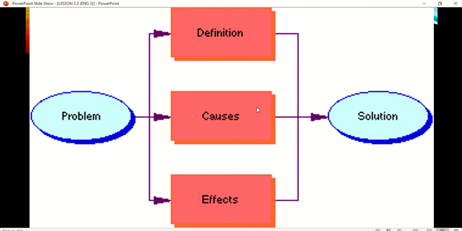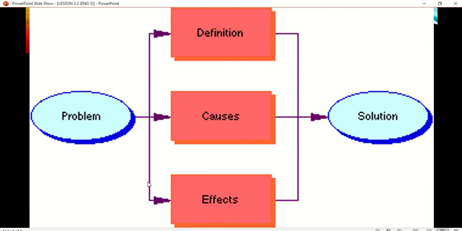So what are the causes? The causes can be a lot of garbage, a lot of people using plastics, vehicular transportation, the melting of glaciers because of the rise of the sea level, and also the increase of greenhouse gases.